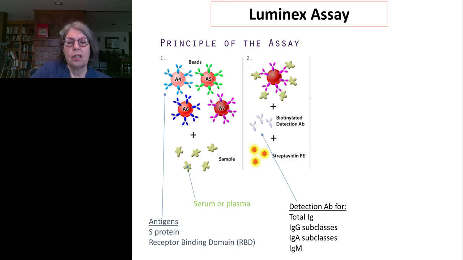So as I mentioned, the detection is with secondary antibodies to total IgG, total Ig, to IgG subclasses, IgA subclasses, or to IgM. These beads, once they are coated, mixed with the plasma specimen, mixed with the secondary antibody, and mixed with the streptavidin phycoerythrin, are then added into 96 well plates.